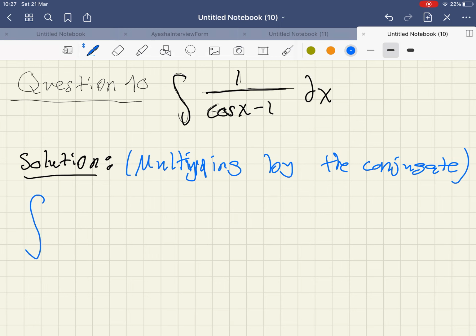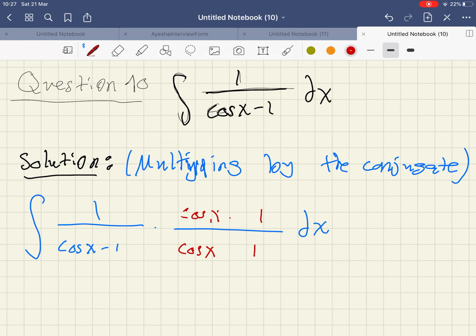Now, if we multiply by the conjugate, that's what we're going to get here: 1 over cosine x minus 1, and then we have to multiply by the conjugate, dx. The conjugate will be exactly the same thing, up and down, except the sign will be changing.